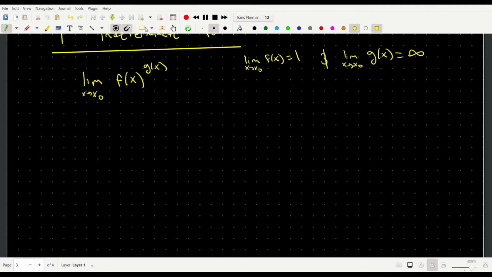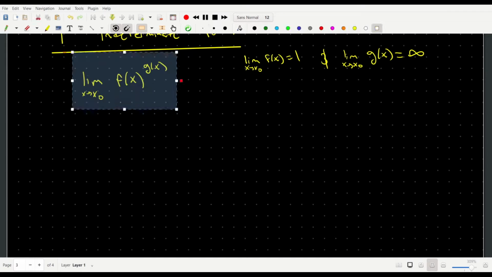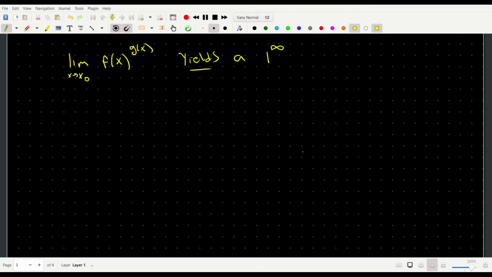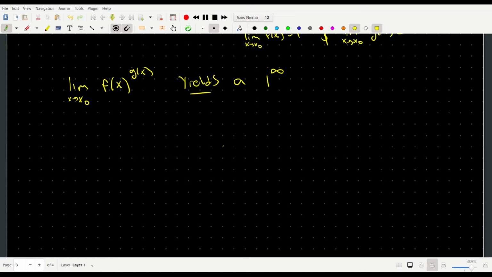Well, in this case, what we say is that this yields a 1 to the infinity indeterminate form. It's never okay to say it equals 1 to the infinity, because 1 to the infinity doesn't have any mathematical meaning.